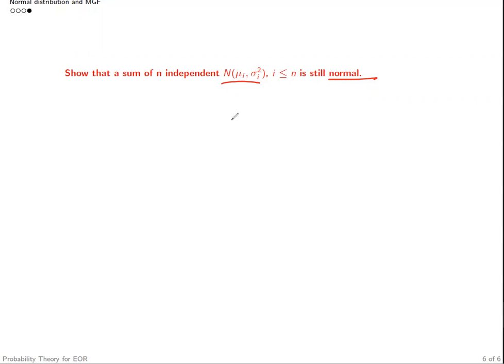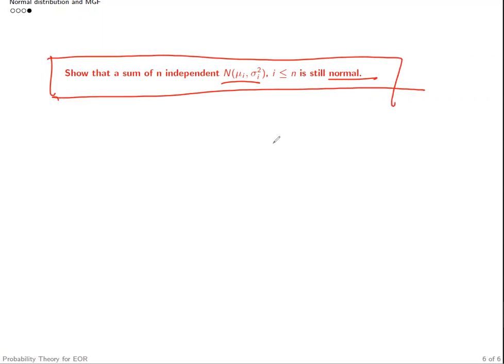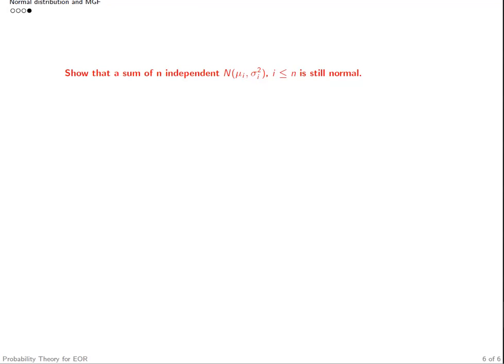If we have a sum of n independent Poisson, it also follows Poisson. And here we want to show that a sum of n independent normally distributed random variables still follows a normal distribution. And when we have a summation of independent random variables, it's always easier to work with the moment generating function. You can pause the video at this moment and try to figure out the steps yourself.